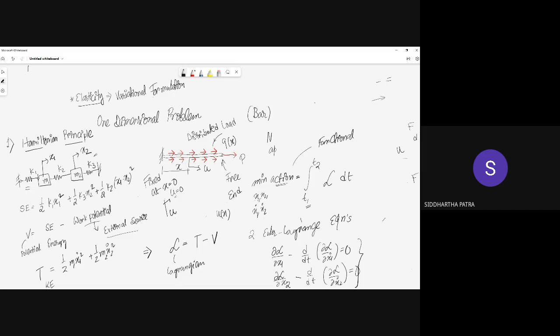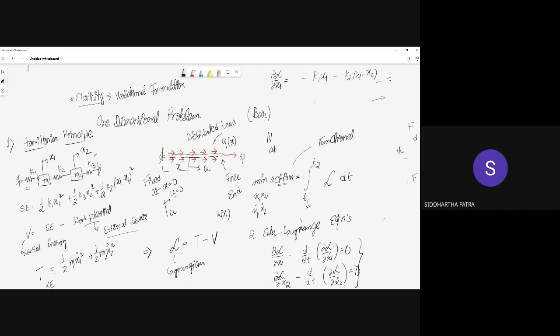So if we do the first one, with respect to x1 we have del L del x1 equals, you see it is T minus V, right? So we are going to get minus k1 x1, and then we have minus k2 (x1 minus x2).